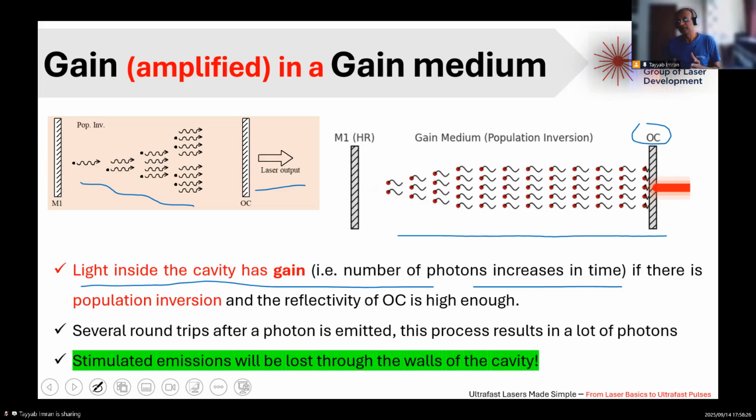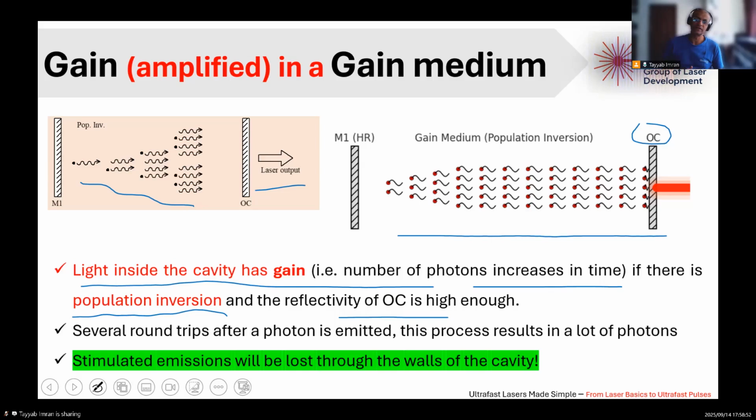But the condition you should keep in mind, we already know, is that there has to be population inversion, a metastable, highly populated state, and one side has to be partially polished. So the gain medium is ineffective if you don't have these things.